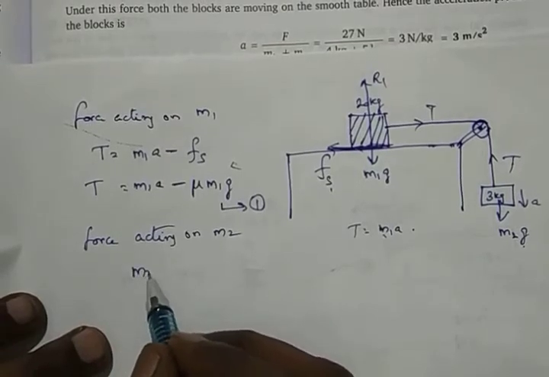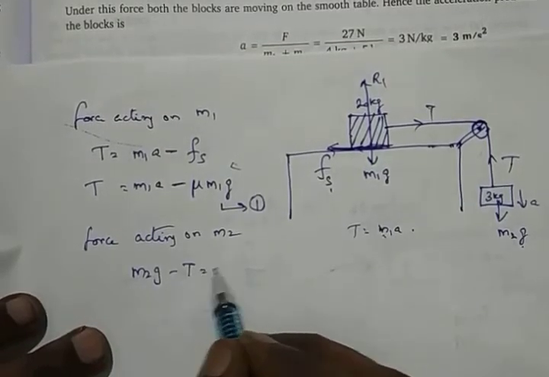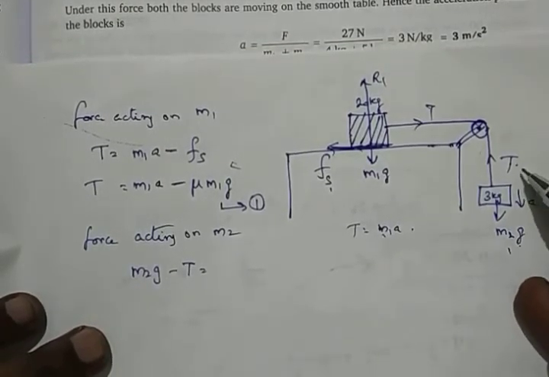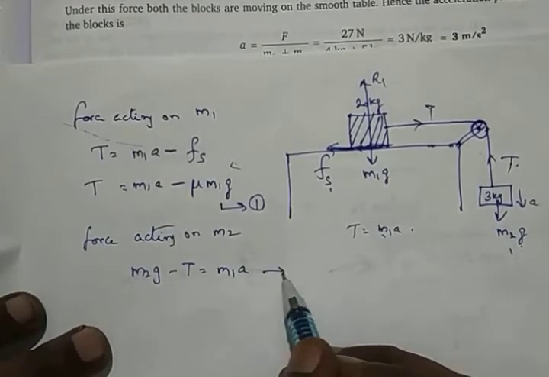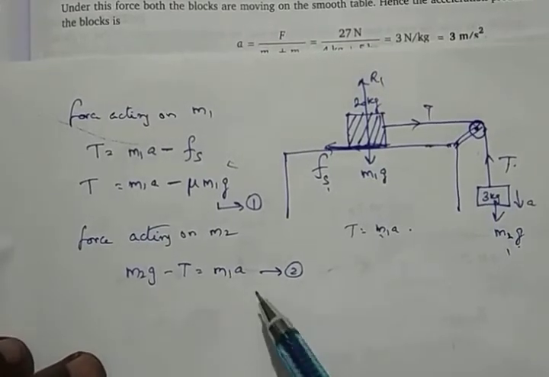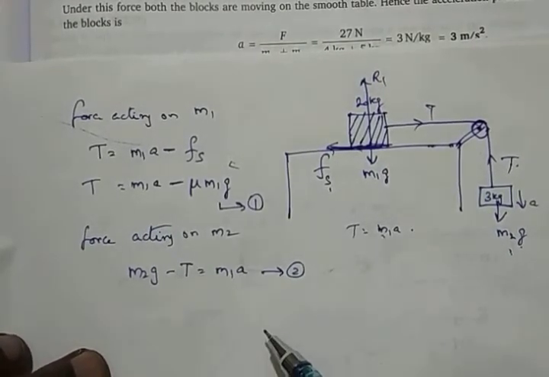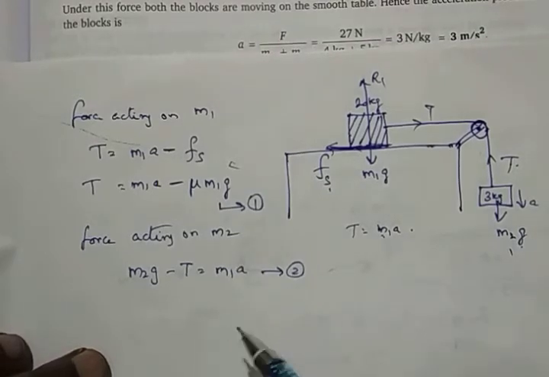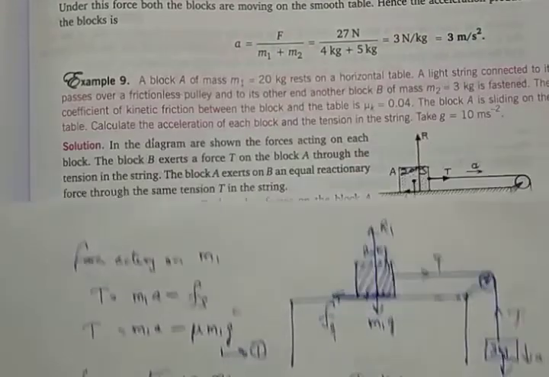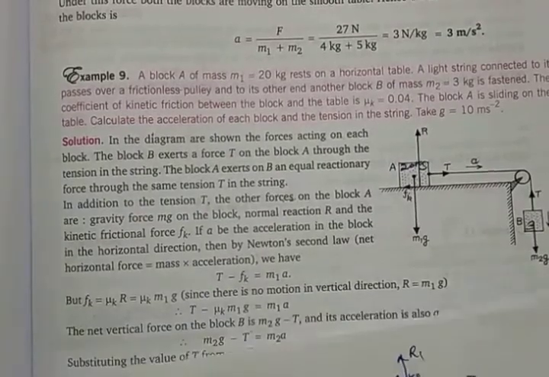So m2g minus tension, because this will be bigger and this will be smaller, equal to m2 into a. So this is equation number 2. Now add both of them, and then see how it happens here.